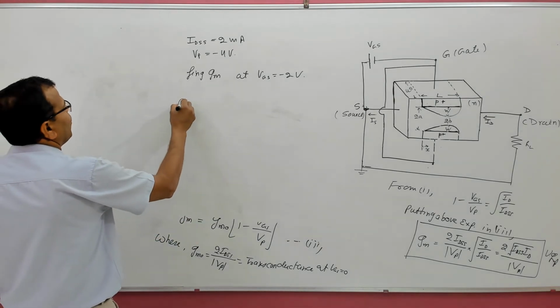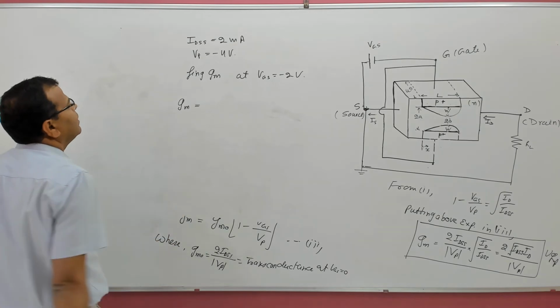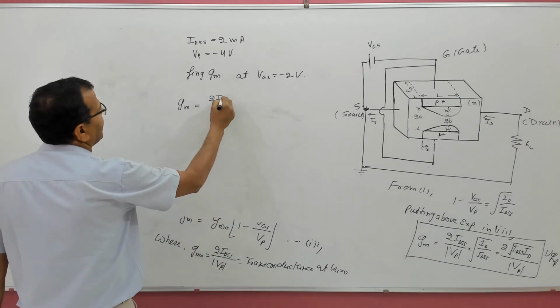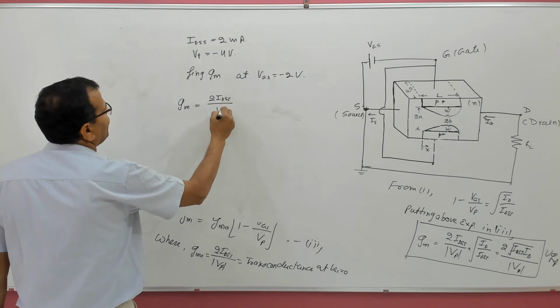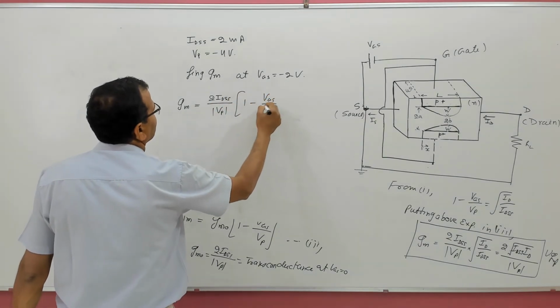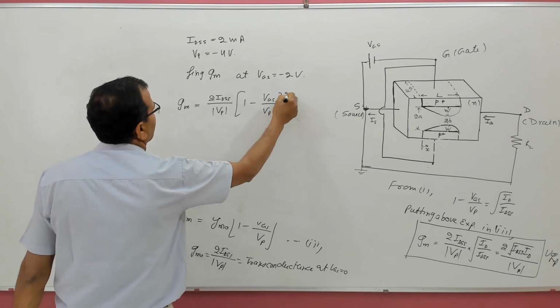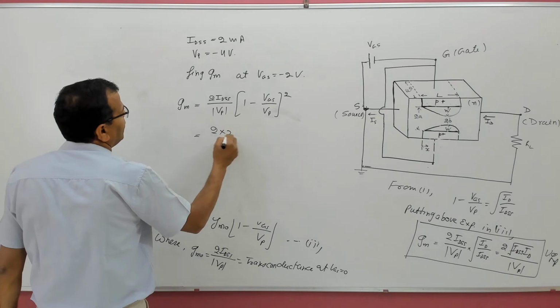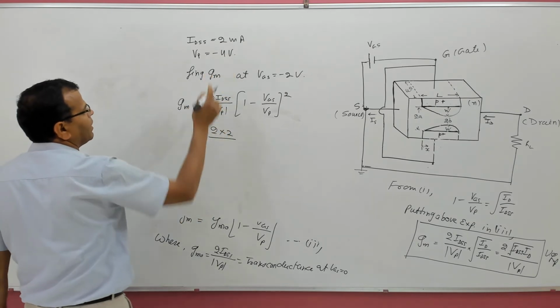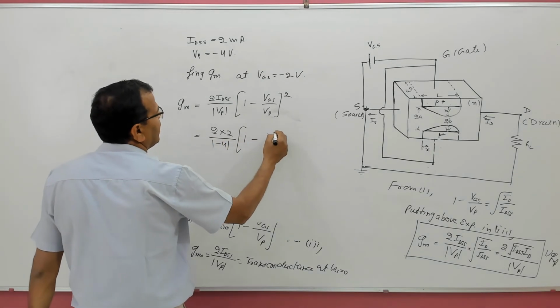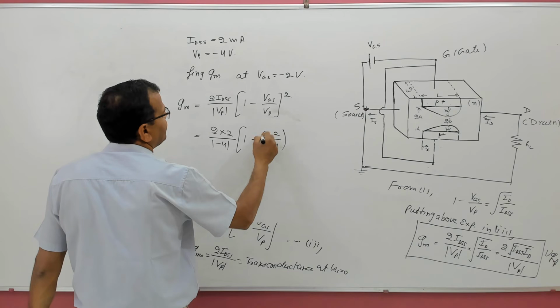And we know the transconductance is equal to 2 IDSS upon VP magnitude into 1 minus VGS upon VP. That's the simple formula. This is 2 into 2 milliamperes, over magnitude of VP, that is minus 4 magnitude, into 1 minus minus 2 upon minus 4.